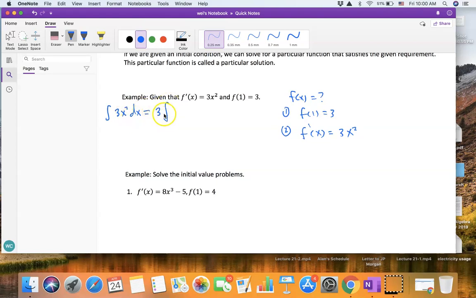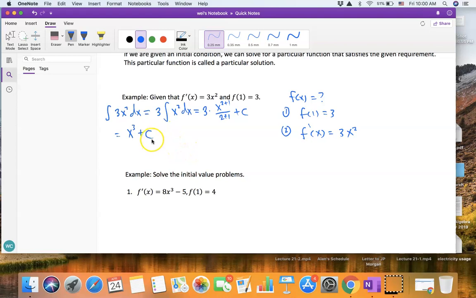So this equals the integral of 3 times x squared dx, which is 3 times x to the power of 2 plus 1 over 2 plus 1, which equals x to the third plus c.